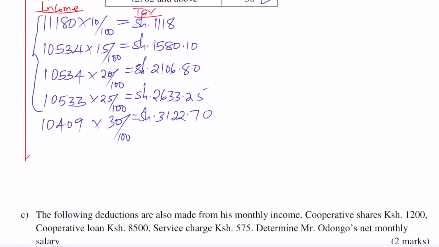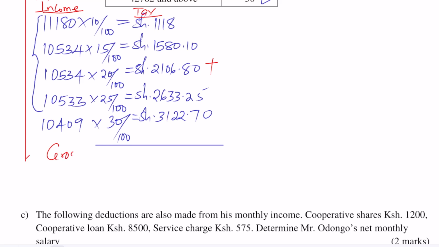We get the gross tax by adding everything that is here. We add 1118 plus 15 plus 1580 and 10 cents plus 2106 and 80 cents plus 2633 25 cents plus 3122 and 70 cents.